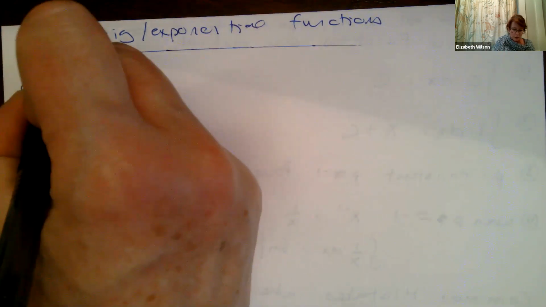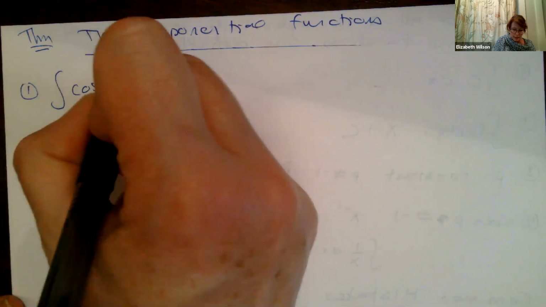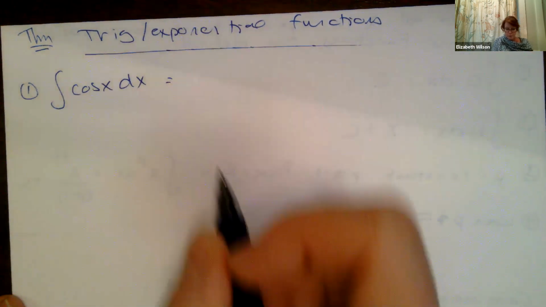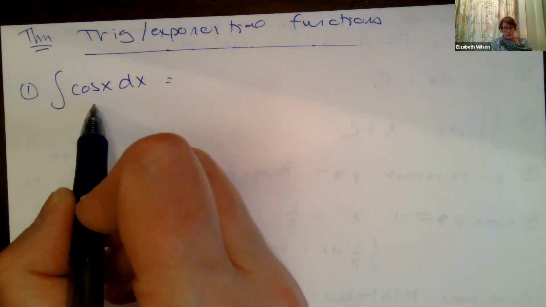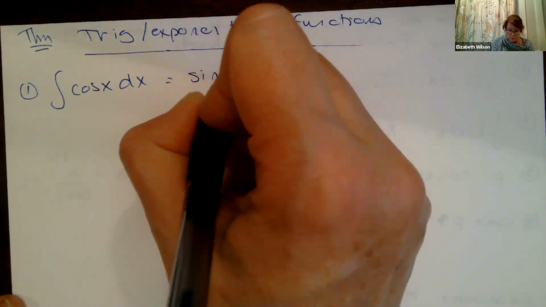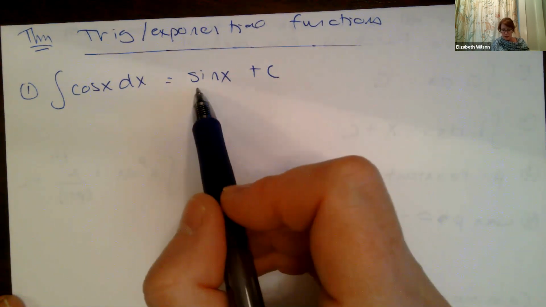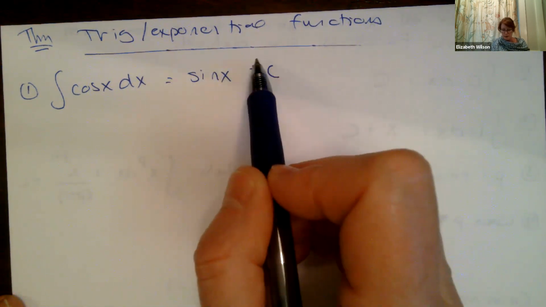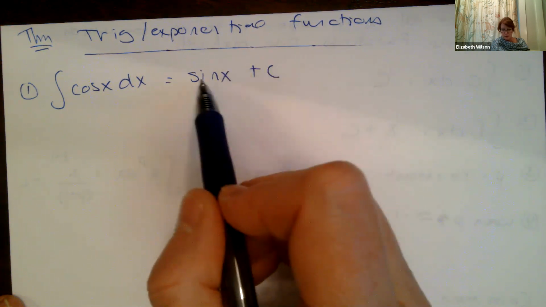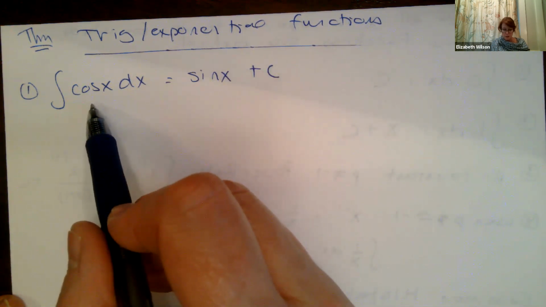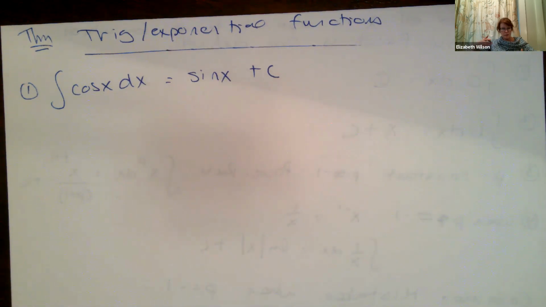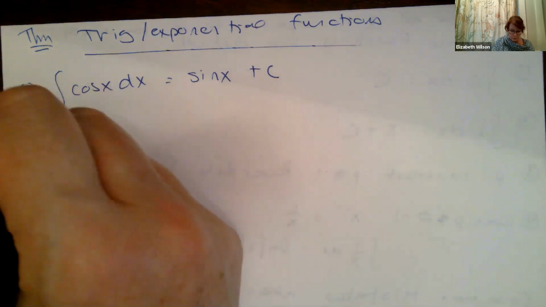So when I go to integrate the cosine of x dx, remember, this is a derivative. What is this a derivative of? It's a derivative of sine. Always be thinking, if I were to take this derivative, c becomes 0. Derivative of sine is cosine. So you're thinking derivative, antiderivative, okay?